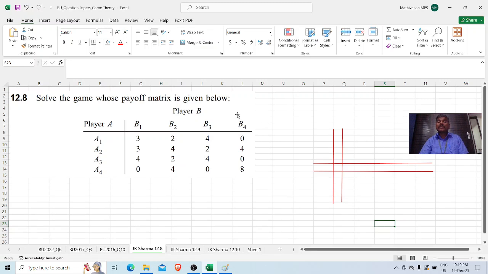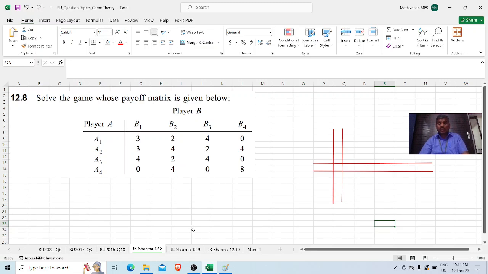And when player B uses the fourth strategy, again both strategies A1 and A3 result in no gain, no loss, that is 0 points. That means while player B uses the first strategy, A3 gives more gain compared to A1.